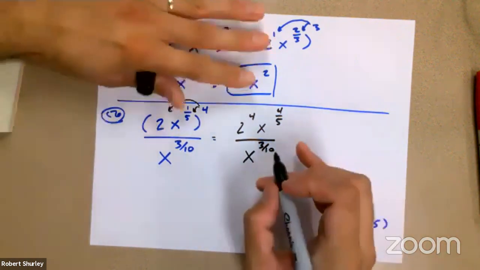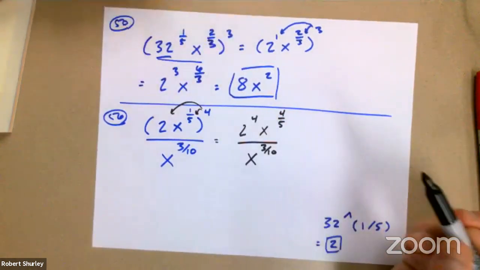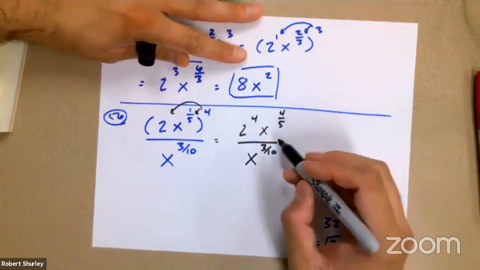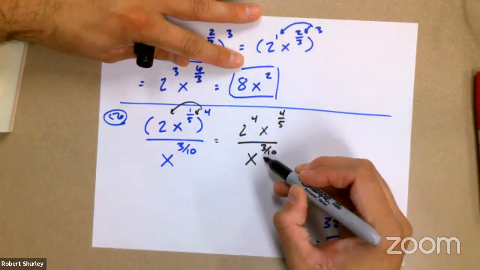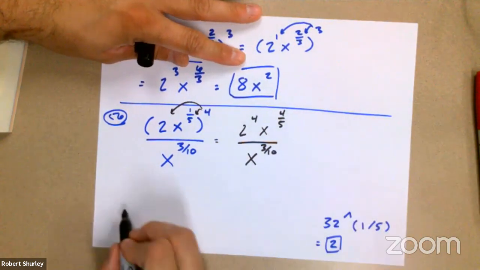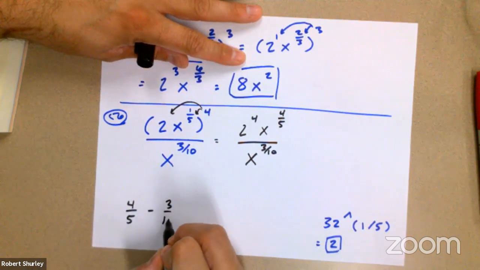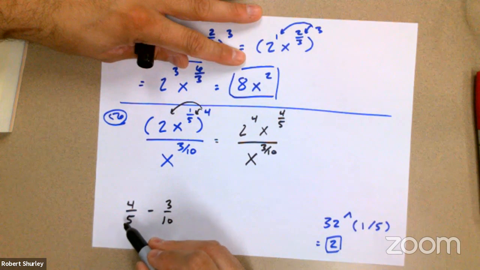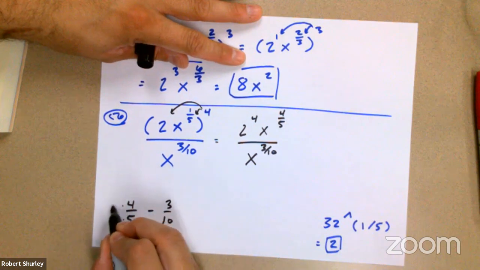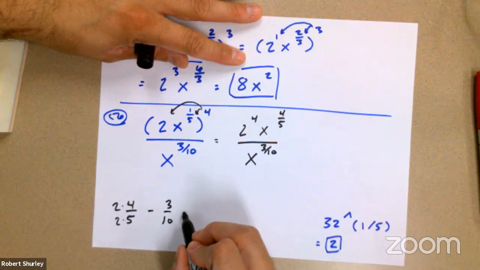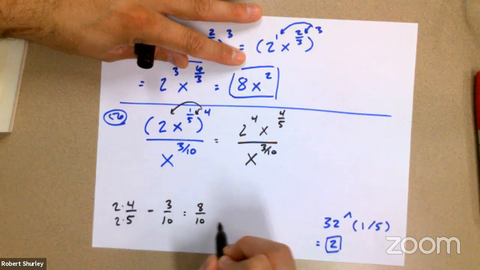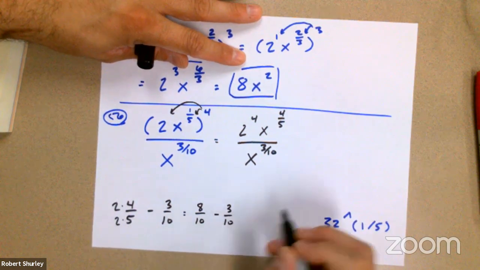Now I've got to simplify this. So 2 to the 4th I can do. 2 to the 4th is just 16. But look, I've got to subtract these fractions, right? 4/5 minus 3/10. I'm going to do that down here. Now, I just need to multiply the 5 times 2 to get the 10. So it winds up being 8/10 minus 3/10.